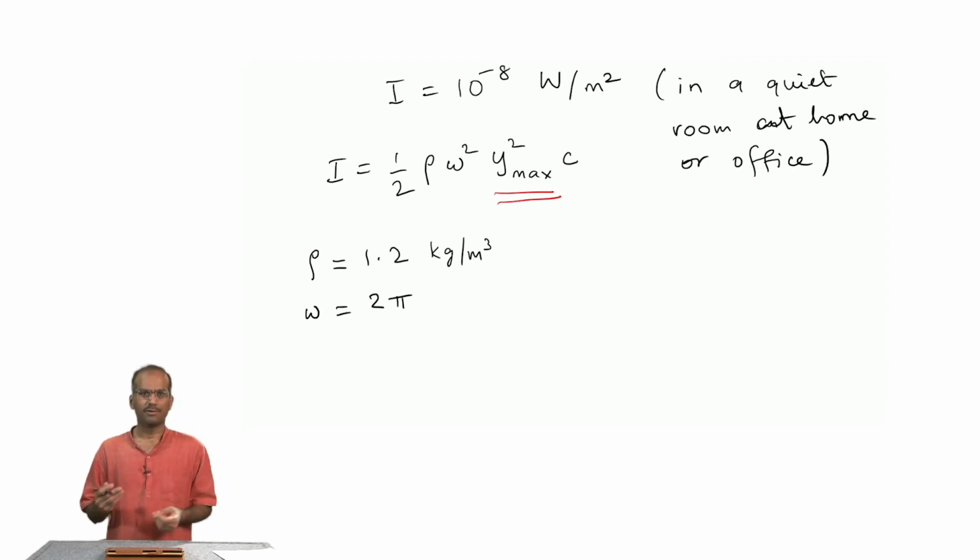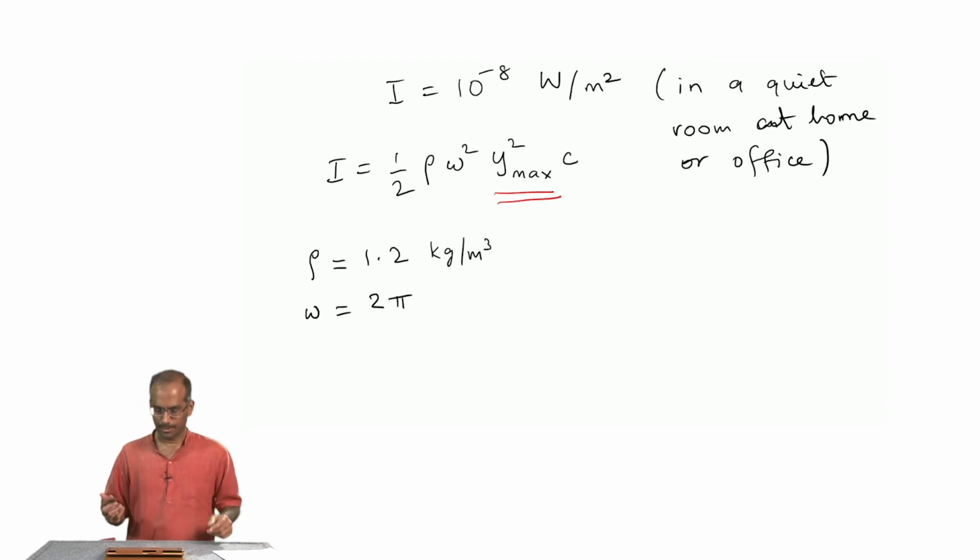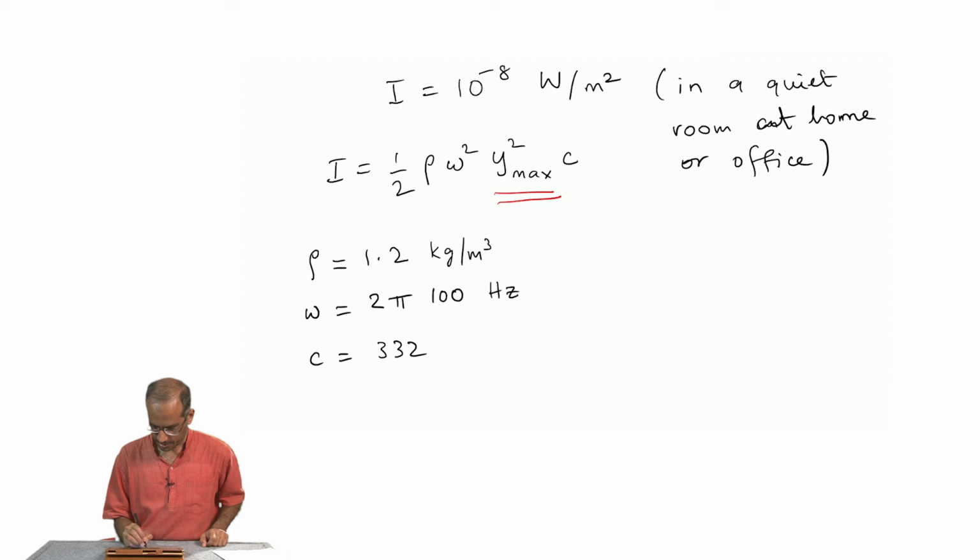So, when few people are speaking, typically the kind of frequencies involved are of the order of about 100 to 200 hertz. So, let me take the number as about 100 hertz. And c of course, is the speed of sound, roughly about 332 meters per second.